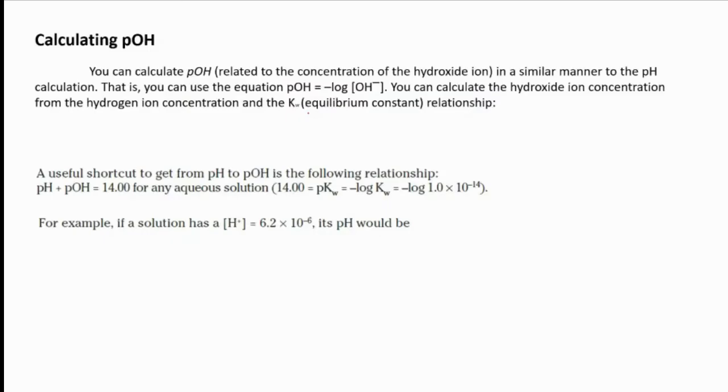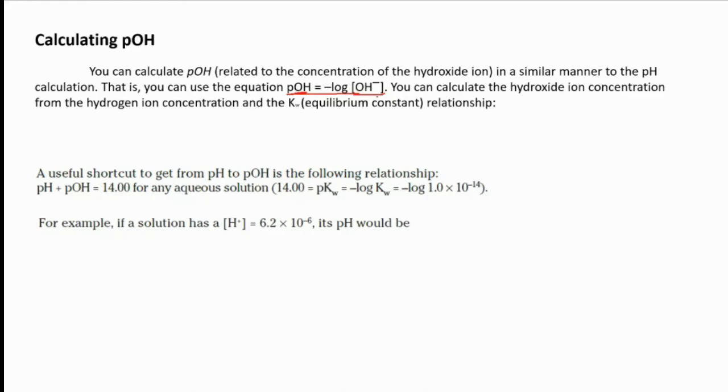So, to calculate naman pOH, which is the negative log of the concentration of OH minus. Kapag meron kang pOH, yung p is negative log, tapos kung ano yung nasa likod ng p, yung concentration, nilalagay mo.